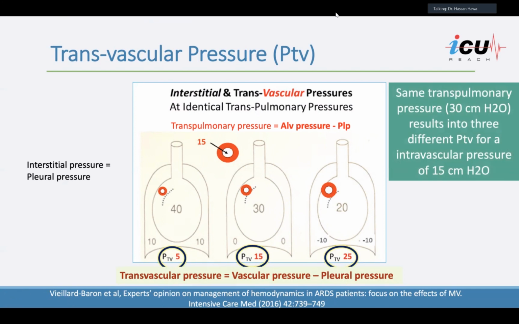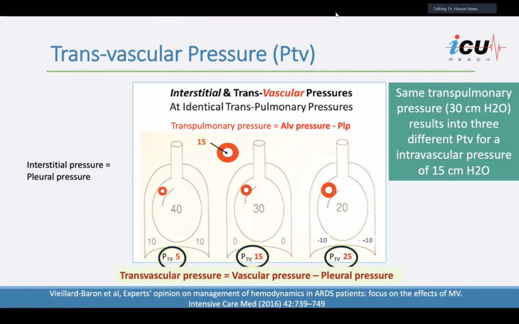And those of you who worked with COVID patients, especially in the early stages of COVID, we saw a lot of patients having a high respiratory drive, and this high respiratory drive was associated with a huge swing in the intrathoracic pressure. So the transvascular pressure for these patients would have been very high.